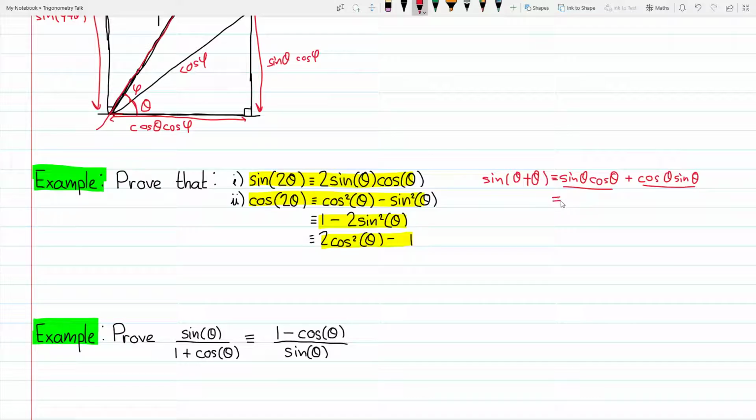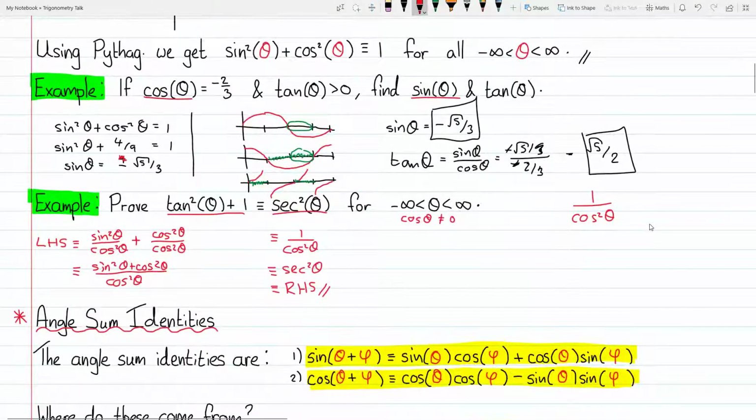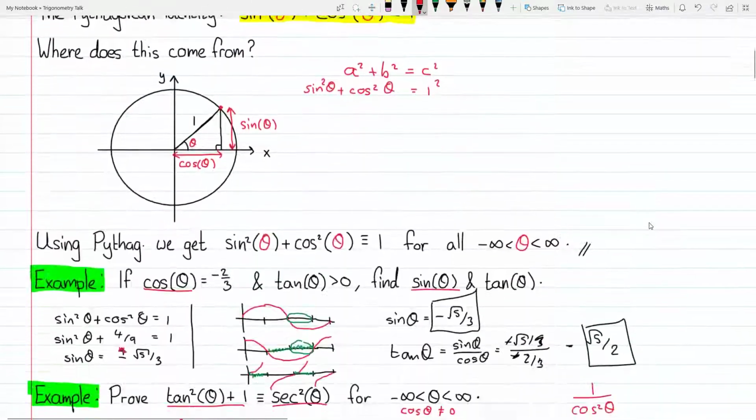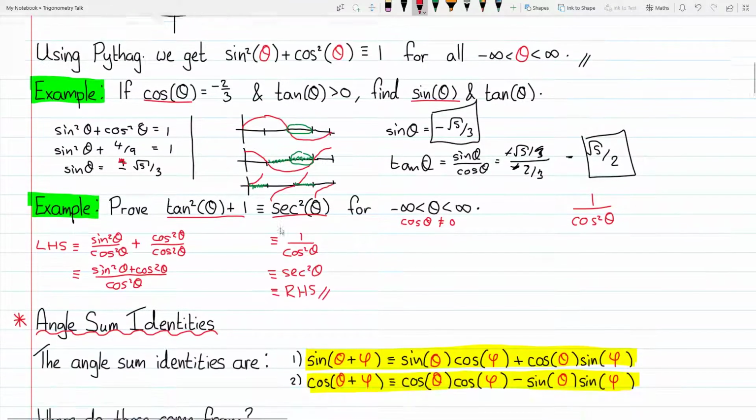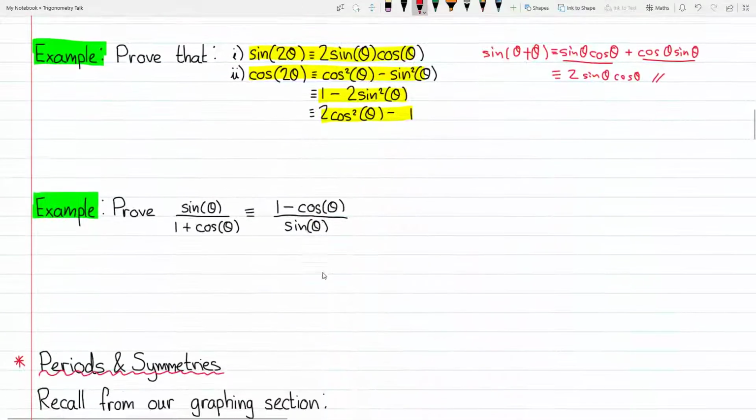So we can just simplify this, which is 2 sine of theta times cos of theta. And what do you know? We've just proven our identity.